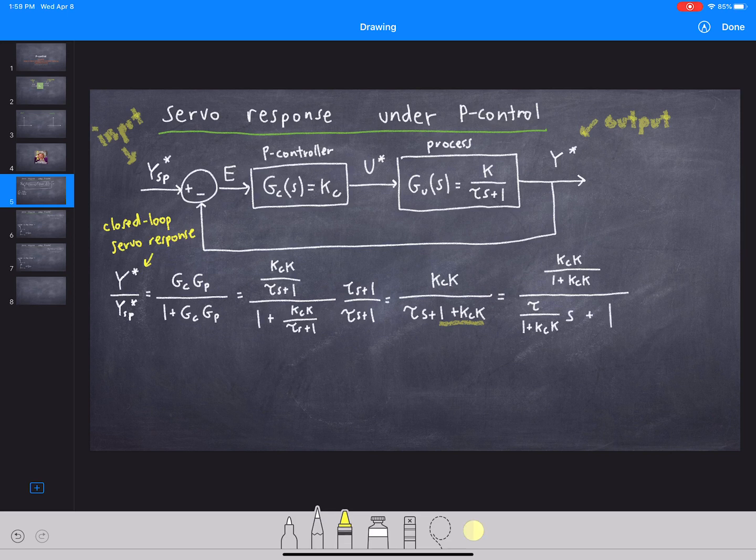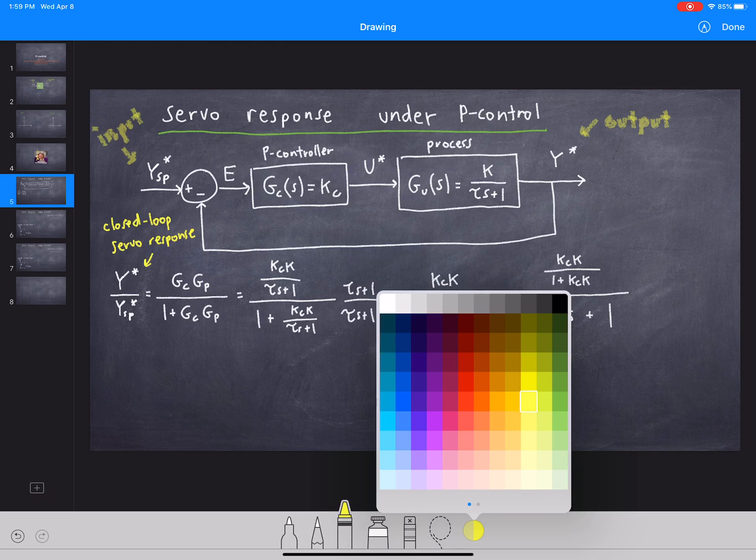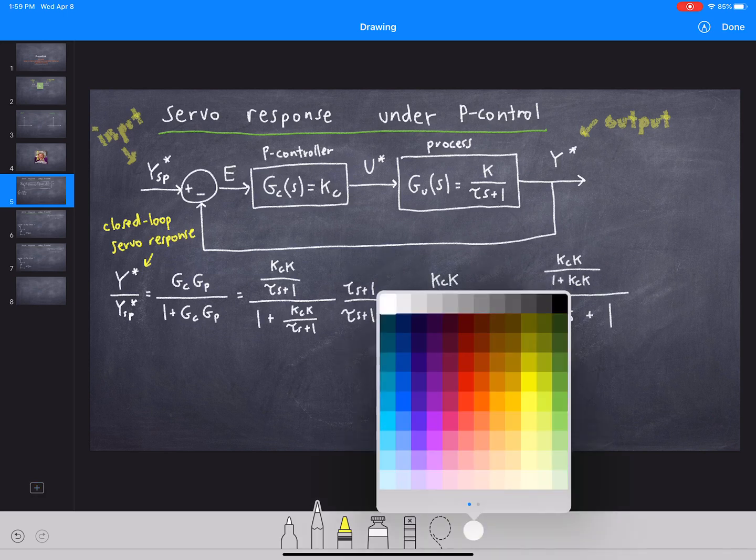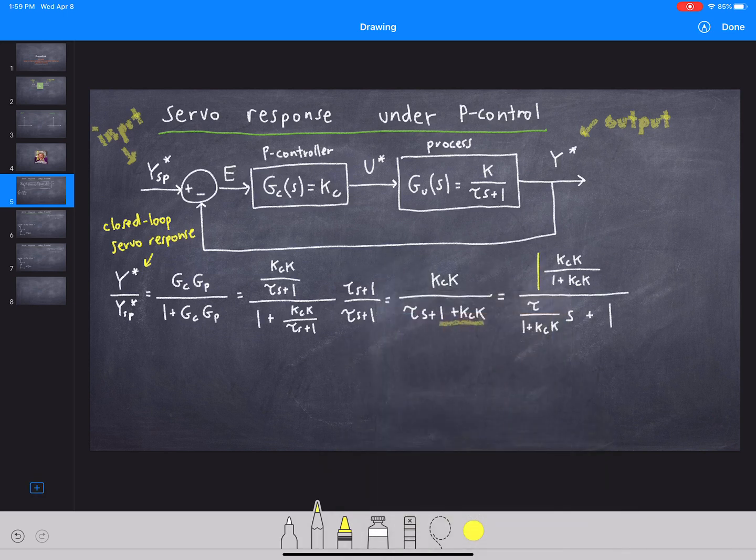And voila, it's in standard gain time constant form. So this is the gain. And we'll call it K hat. So this is the gain of the servo response. And this here is the time constant of the servo response. And we'll call that tau hat, okay?